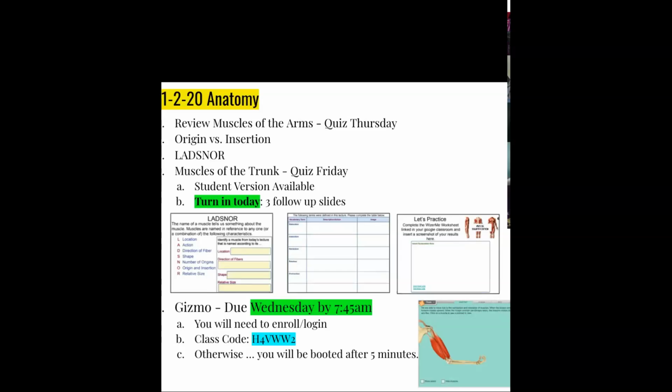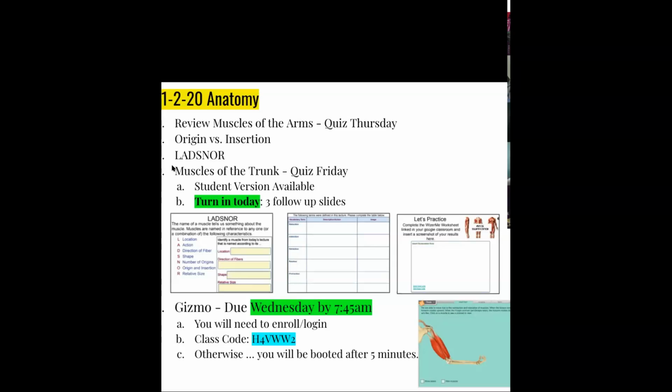So as we learn all of these muscles, picture a string running from the origin to the insertion. When you pull on that insertion, you should see what action is produced. Okay? So origin is kind of like an anchor, and the insertion is the pulling point.